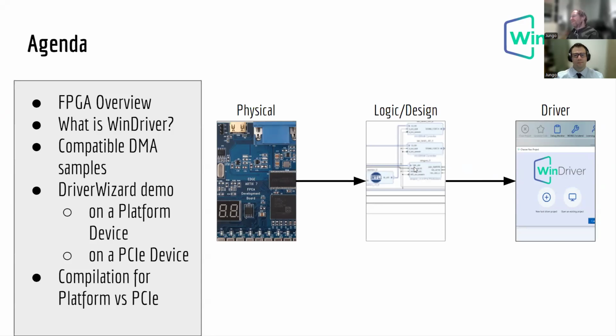So we're going to cover that very quickly in the beginning of our presentation on the FPGA overview, and then most of the presentation is going to focus on the driver layer, which is a little bit higher than the hardware layer. That's the layer where the physical devices actually communicate with the operating system and allow people to actually use them in the user applications.